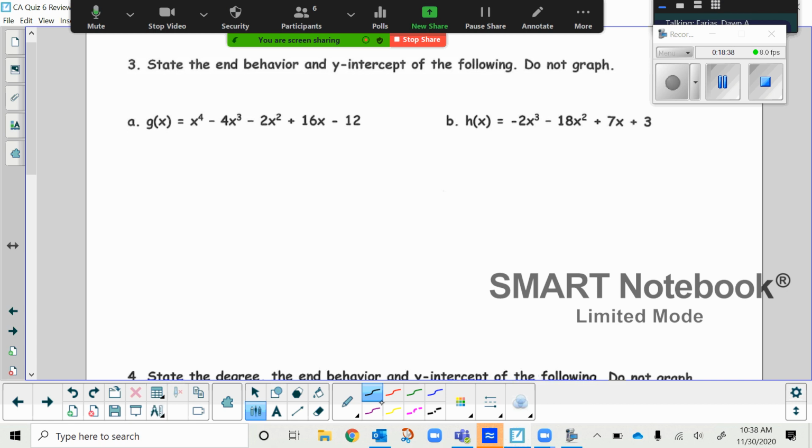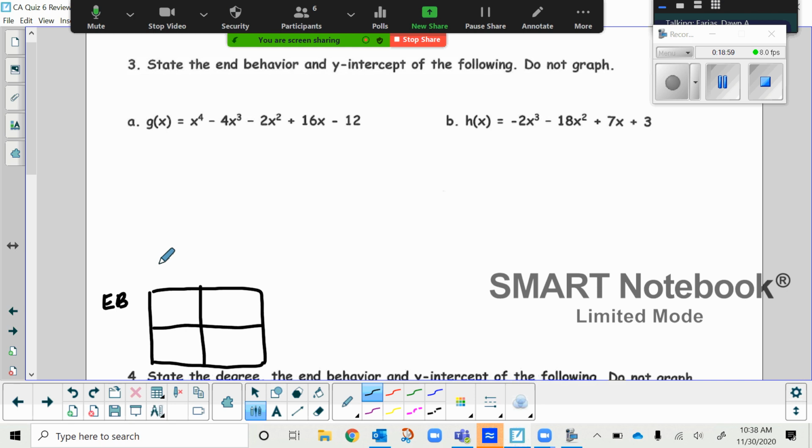Here's the main takeaways from that chart. I'm going to put it down here somewhere. So this was our end behavior chart. And there's 2 things we have to talk about with end behavior, the A value and the degree.